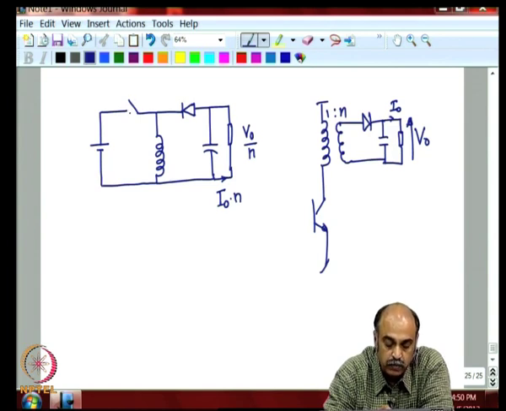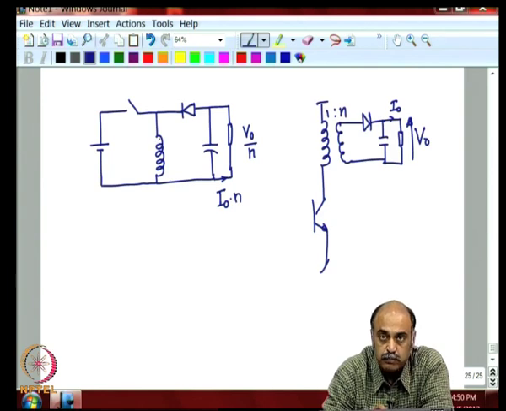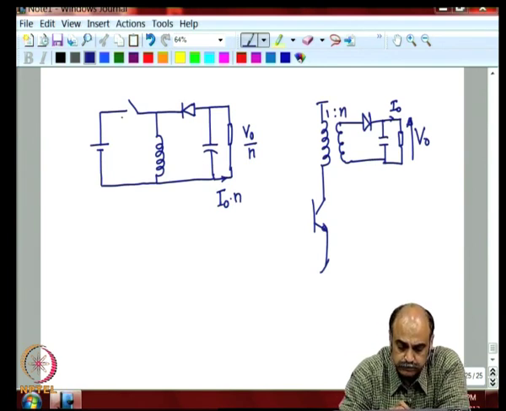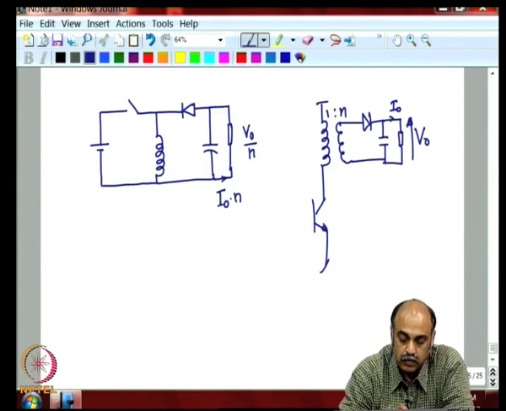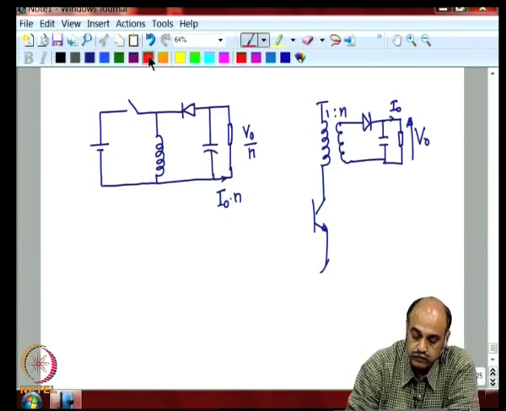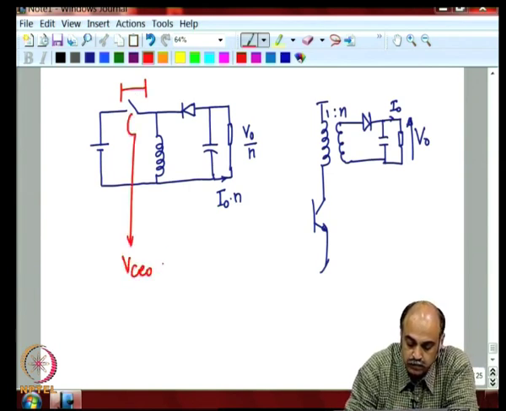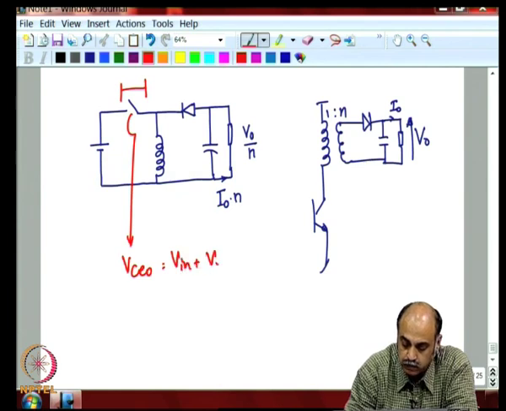When the switch is on, the current that flows through is the peak current, the inductor current plus delta IL by 2, and when it is off, the voltage across it will be V in plus V naught by n. So, the voltage rating VCEO would be V in plus V naught by n, same as here.